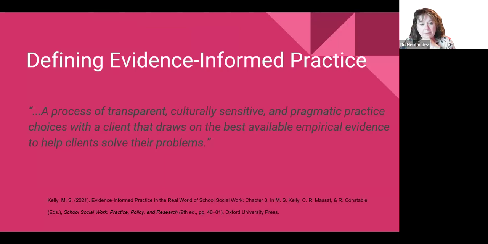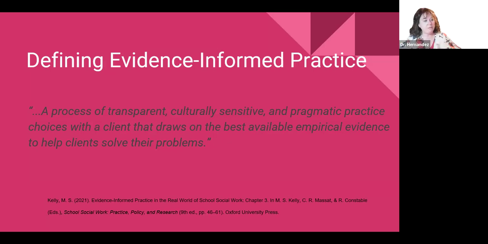So EIP is explained as collaboration between the school social worker and the client to find interventions that fit the client's preferences, and that also have empirical evidence supporting that their use will help improve the problems that client is experiencing. It is not based on the so-called expert status of the practitioner. So the practitioner-client relationship is what makes evidence-informed practice work, right?